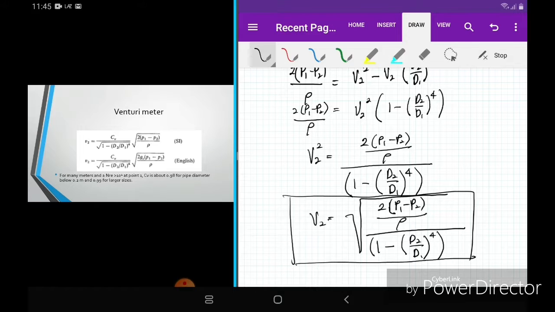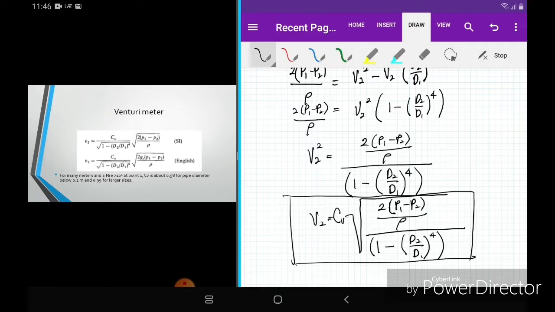Yan. Well, they're the same. But, of course, we're gonna have to put the value for C sub V, or the coefficient for the venturimeter. Okay?